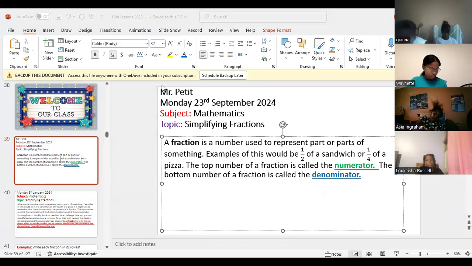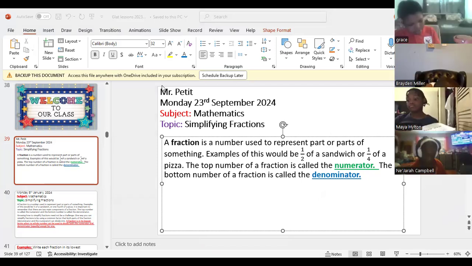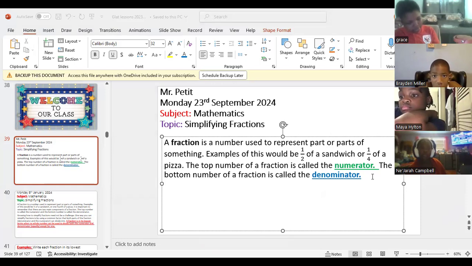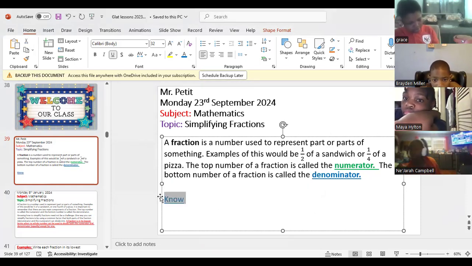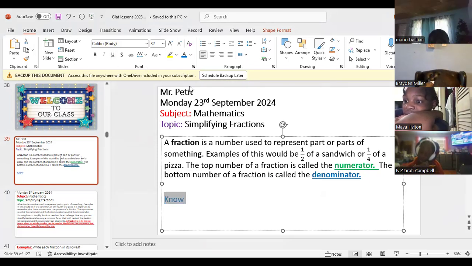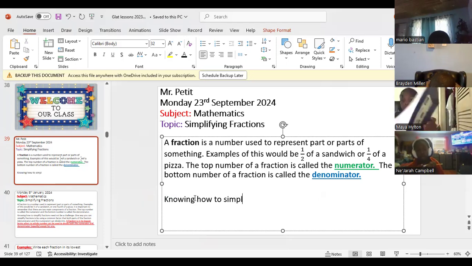Mario, what do we call the top number of a fraction? Where's Mario? What do we call the top number of a fraction? A denominator. No, the top number.